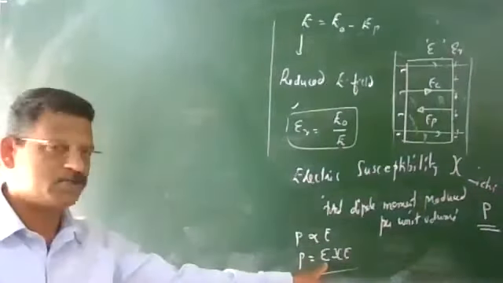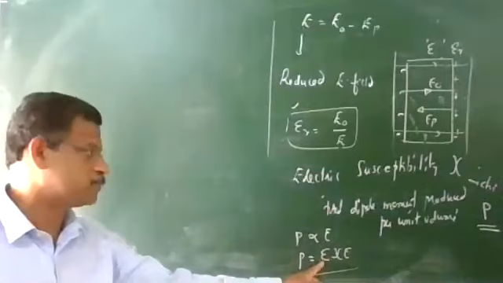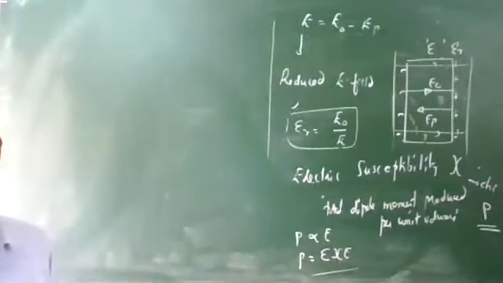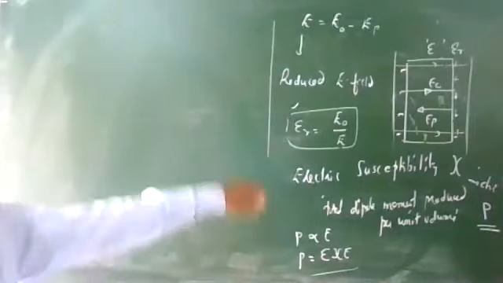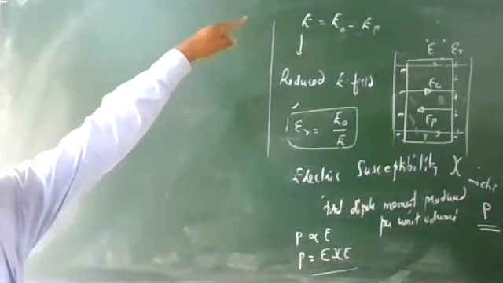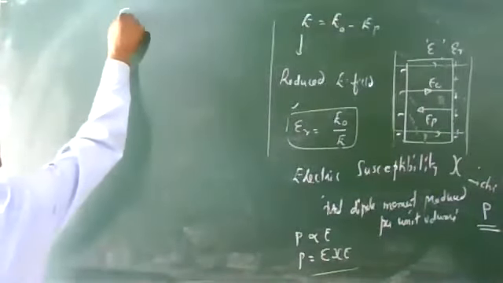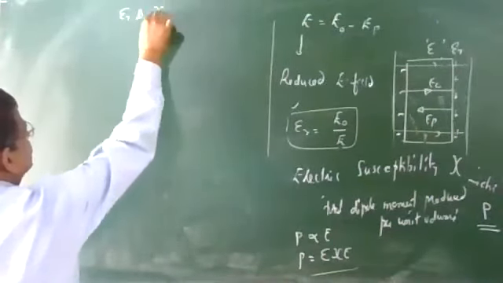Why are we using chi as the constant of proportionality? This is to make chi dimensionless; there is no dimension for chi. We want to get the relation between epsilon r and susceptibility.